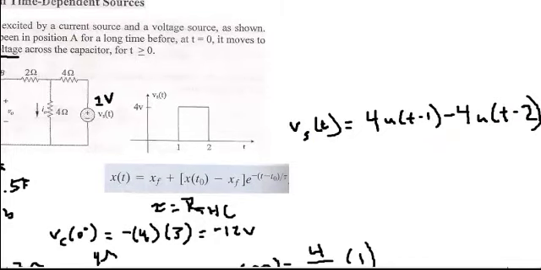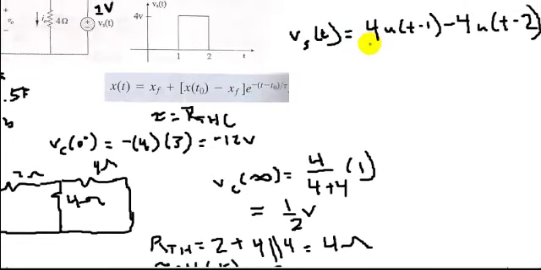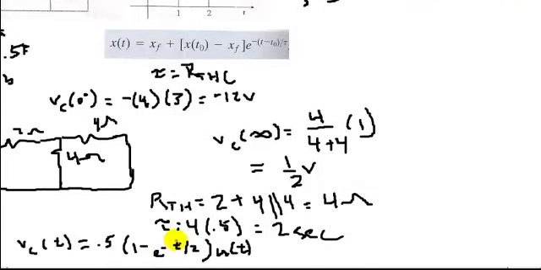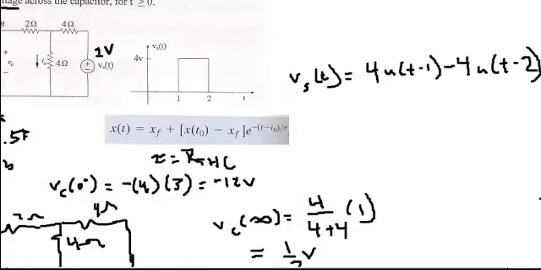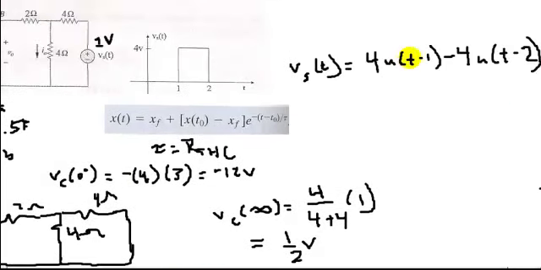And now what we do is multiply this 4 times this final voltage for 1 volt. So this is for the time dependent voltage source. We multiply this 4 by this equation, and then we delay it by t minus 1.